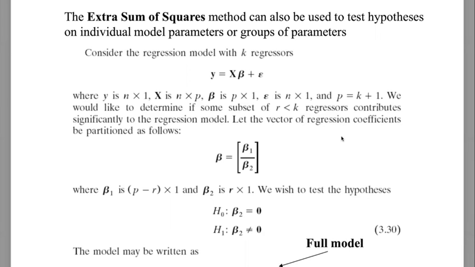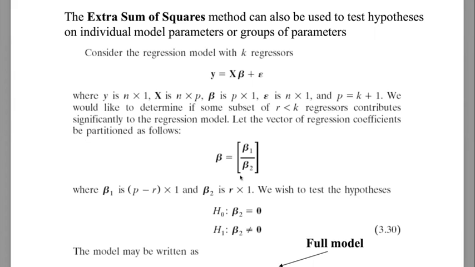All right, so we want to determine if some subset of the regressors contributes significantly to the regression model. In other words, we want to perform a hypothesis test for a subset of those slope coefficients. Let's let the number of slope coefficients that we want to test a hypothesis about together be denoted by r. We're going to take that parameter vector, the beta vector, and partition it into two pieces.